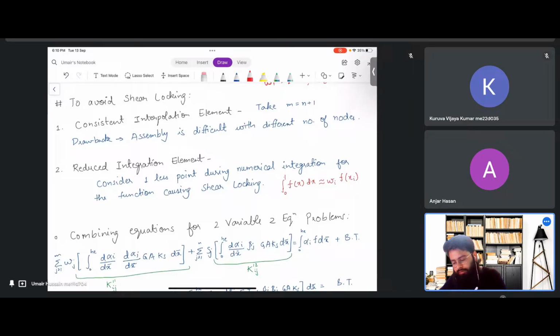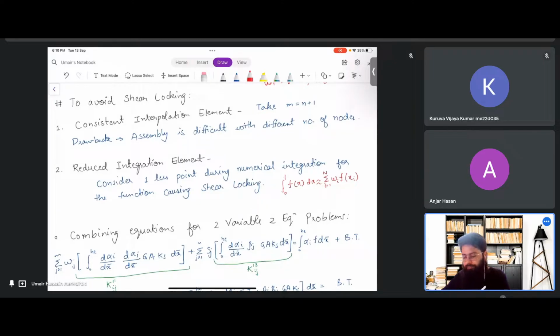It's actually a summation. The higher the number of points, the higher the value of n, the more accurate it would be.